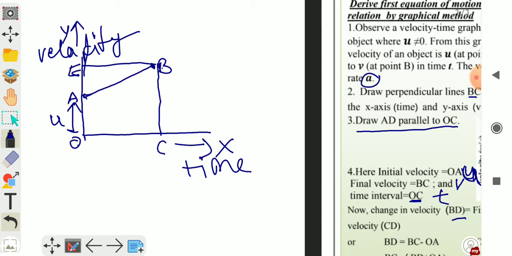OA is the initial velocity and this is BD, D point. So BC is the V, final velocity.